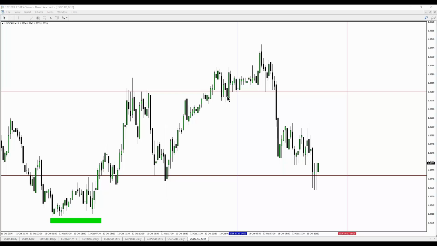Not necessarily 32.80. It can go up to 3278. Yeah, it could go to 3280. 3280 would clear out these equal highs and close in this void a little bit as well.